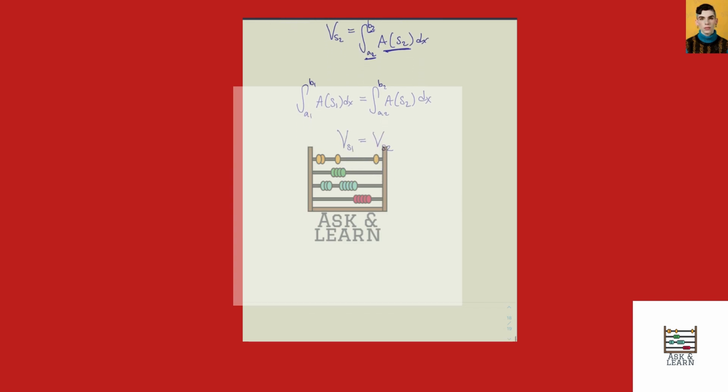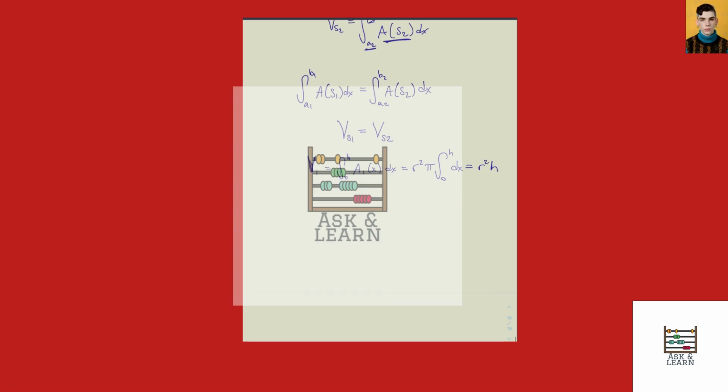Using the principle that we just discussed, what we have is that the volume of the first one equals the integral from 0 to h of A1(x) dx, and that's going to be equal to r squared pi times the integral from 0 to h of dx, and that's just r squared pi h.